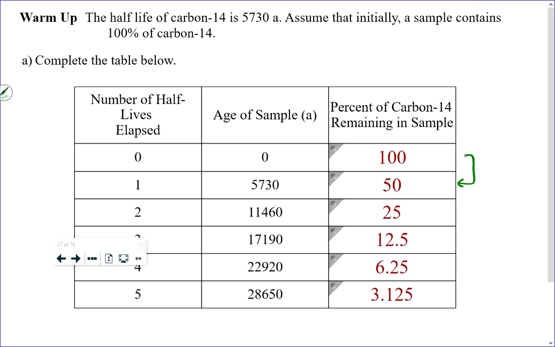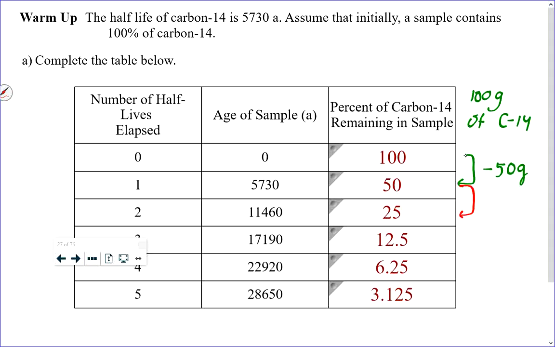Let's say, it's not really possible, but let's say we start off with 100 grams of pure carbon-14. I mean, we might have 100 grams, but it wouldn't be pure. It would be mixed in with some other stuff. What that means is from 0 to 1, we have lost 50 grams, right? 50 grams has decayed.